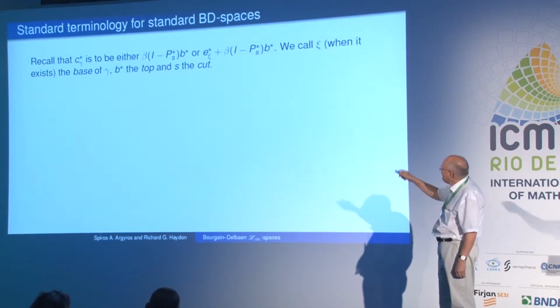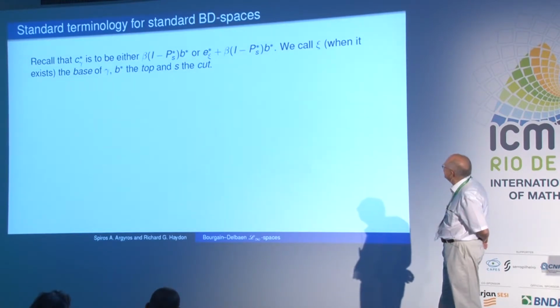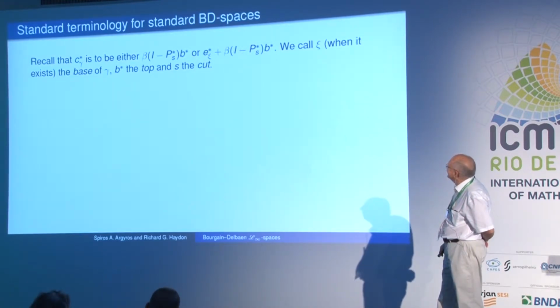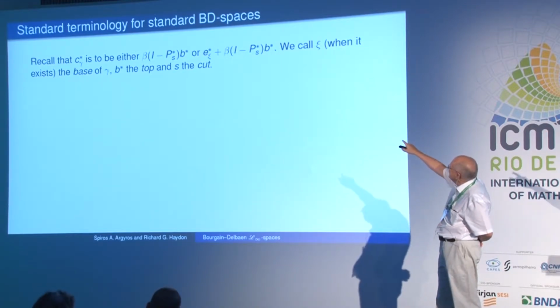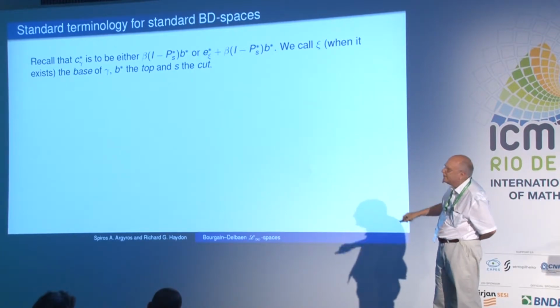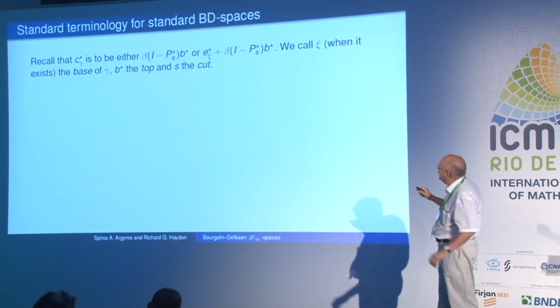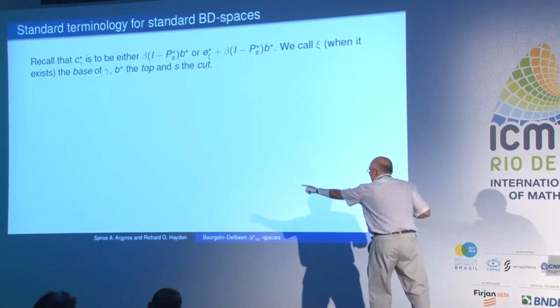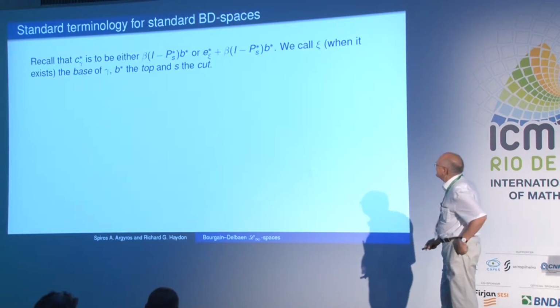So let's go back. I've written again the two possibilities of what C star can be. You can see that C star, in one case, is just beta times a certain thing. And in the other case, it's evaluation at some psi further off to the left, and then you've got this beta.